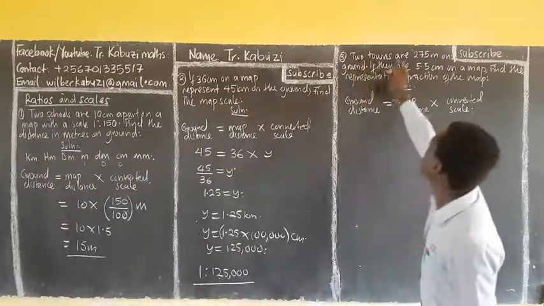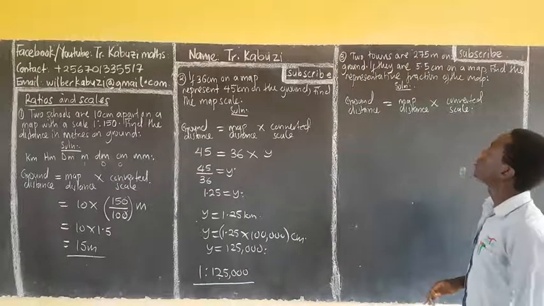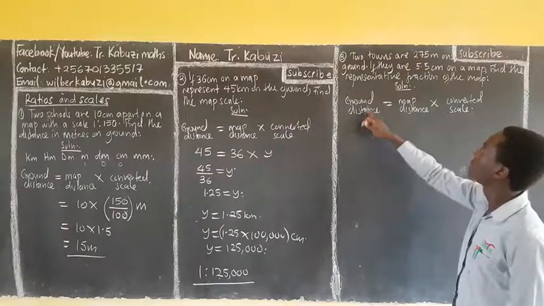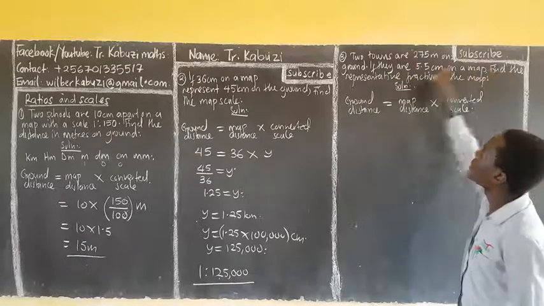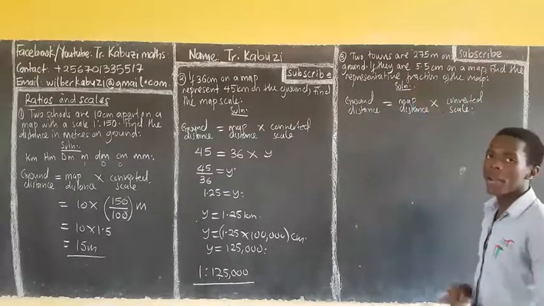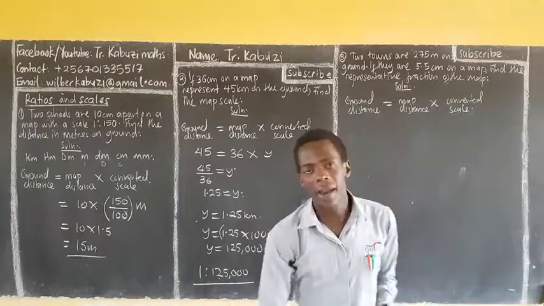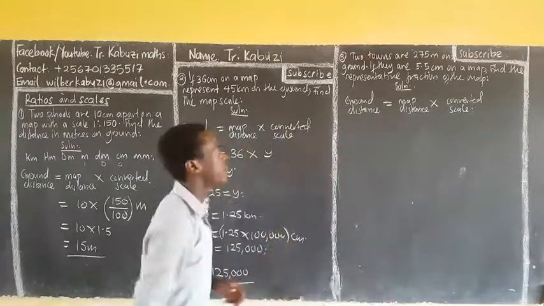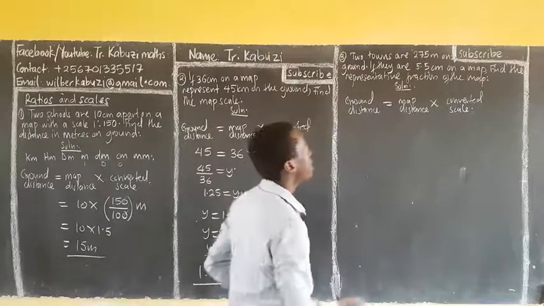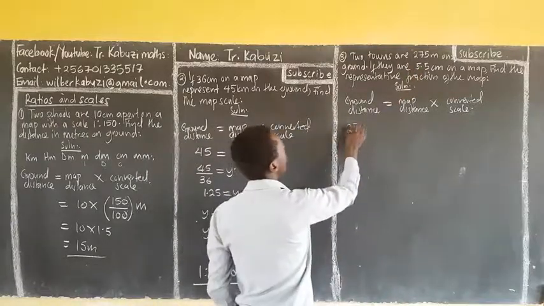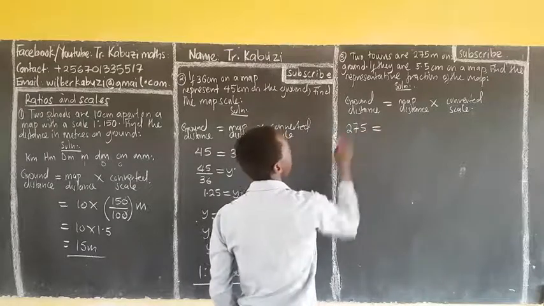Here, two towns are 275 meters apart on the ground, so we have the ground distance. If they are 5.5 centimeters on the map, find the representative fraction. The RF is the same as the scale, but this time we give it as a fraction. The same idea: the ground distance, given in meters, is 275.